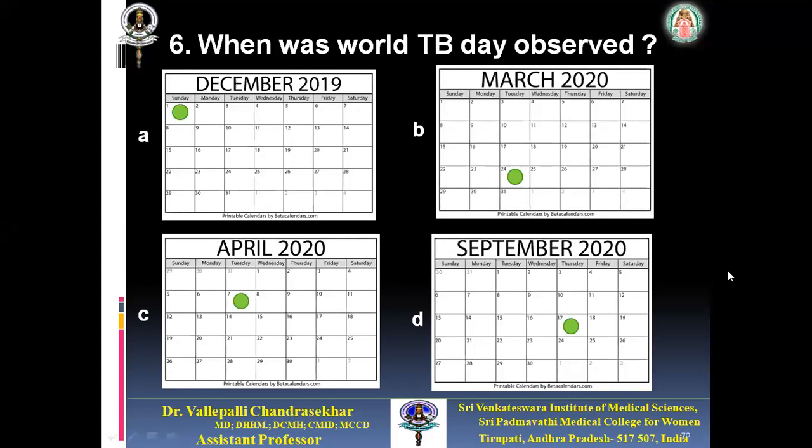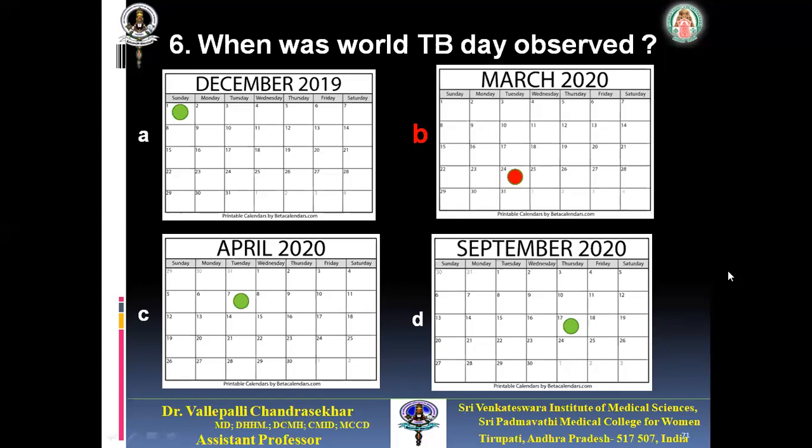So when is World TB Day observed? March 24th. That's good. B is the correct option. So what is December 1st? World AIDS Day. April 7th? World Health Day.